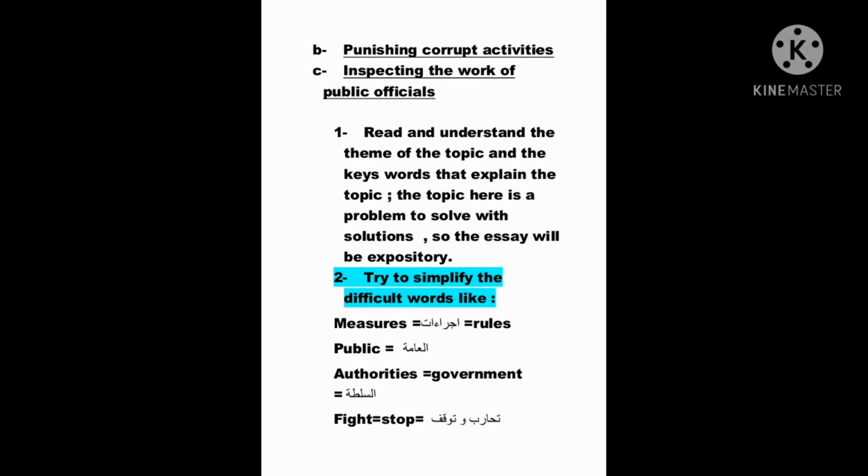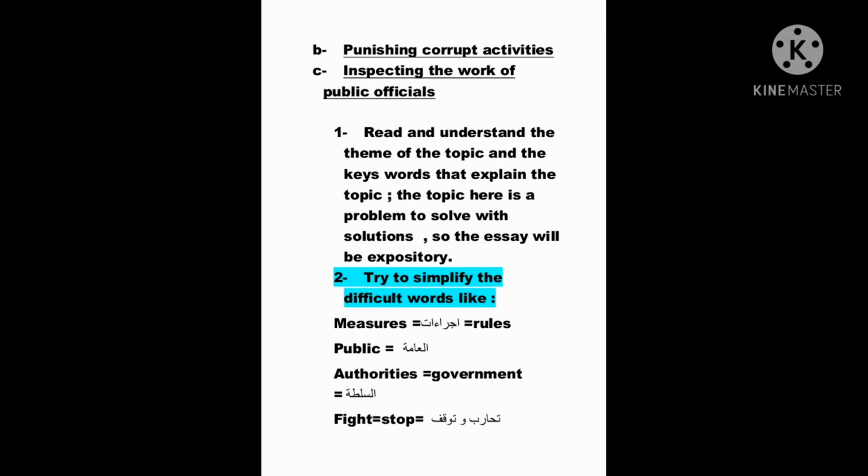Here I try to give you to simplify the difficult words for you, even in English or Arabic. So we have measures, means rules, إجراءات, public, العامة, authorities, government, سلطة, fight, stop, تحارب, وتوقف.